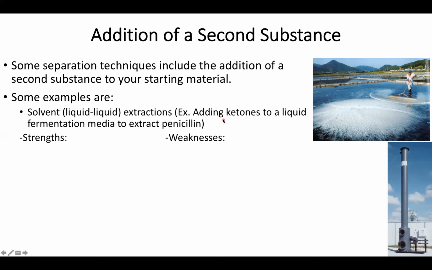In addition, the other major weakness is that, oops, all I did was change the system I need to extract from. So now I need to extract penicillin from a ketone instead of water. Now this can be a lot easier, but it still means we have extra steps.